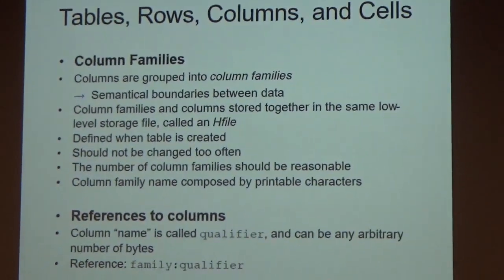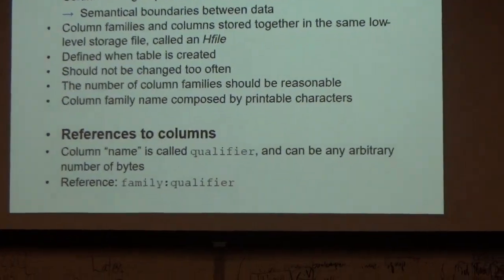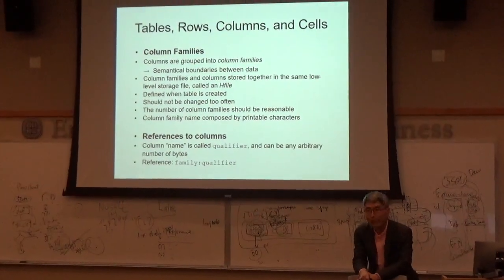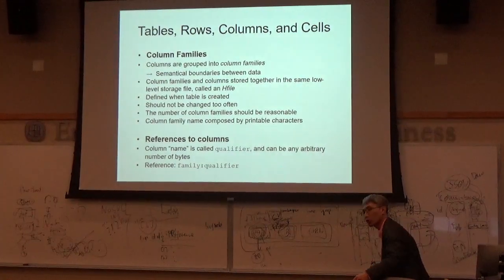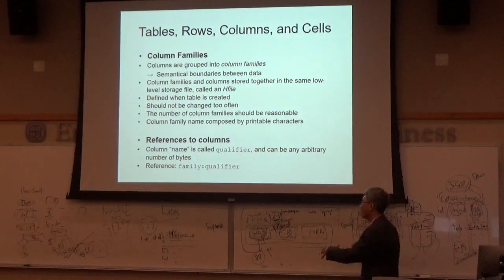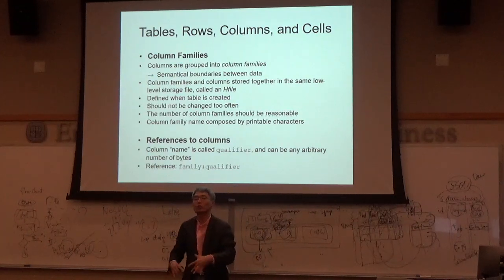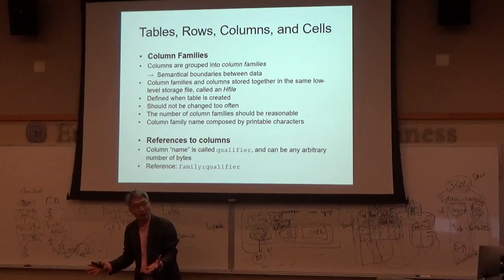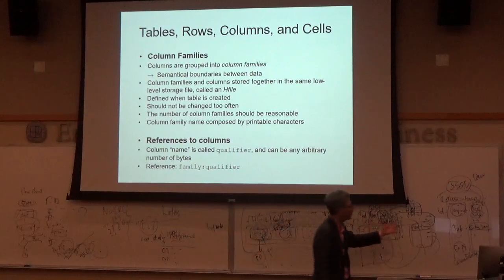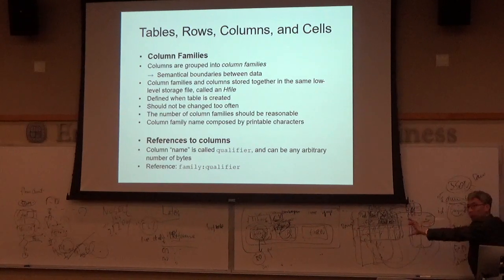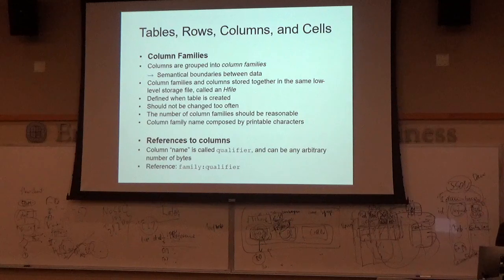So when you create a table, you specify the column family only. This column family will be used for storage when you store the data. It will be one separate file. One column family is stored in the same storage. If you create three column families, three different files will be created and stored separately.